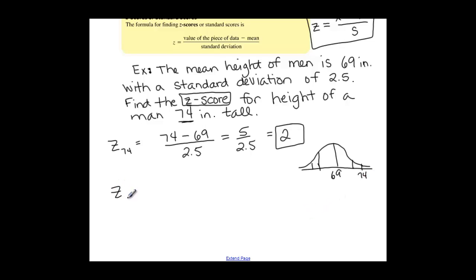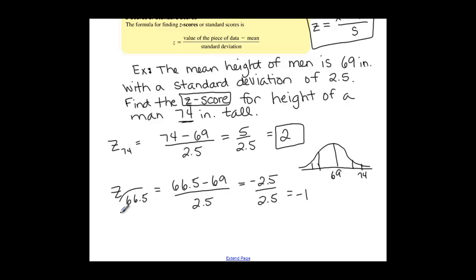Let's do a couple more. What if I had a man who was 66.5 inches tall? Then the z-score would come from the piece of data, 66.5, minus the mean, 69, divided by the standard deviation of 2.5, which would give me negative 2.5 divided by 2.5, which is negative 1.